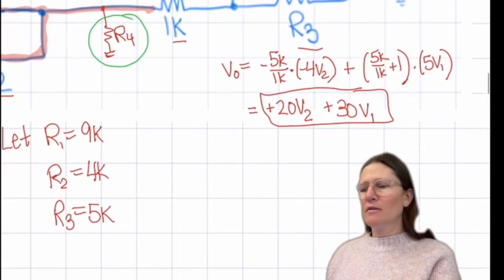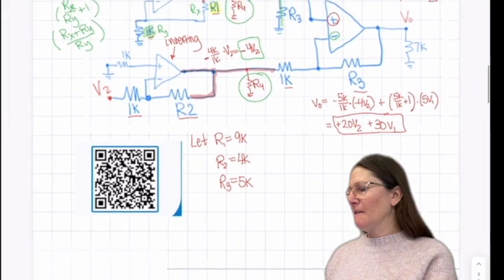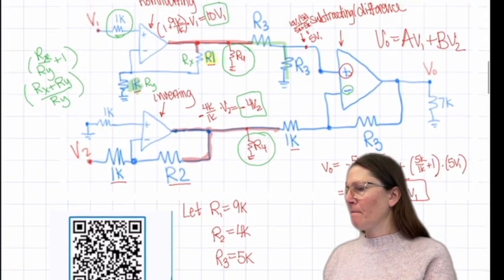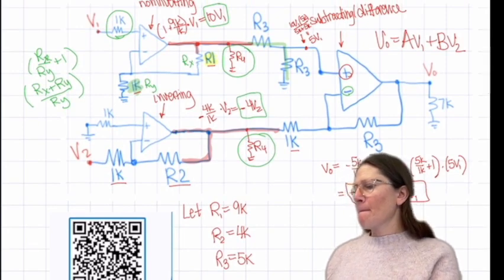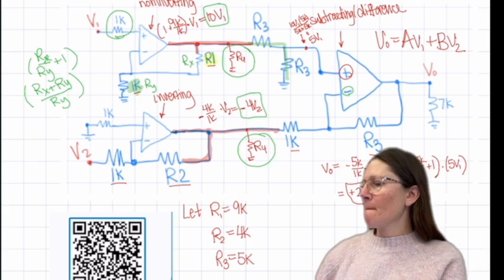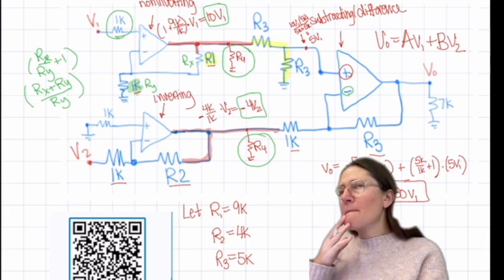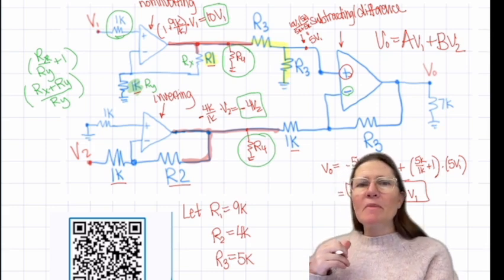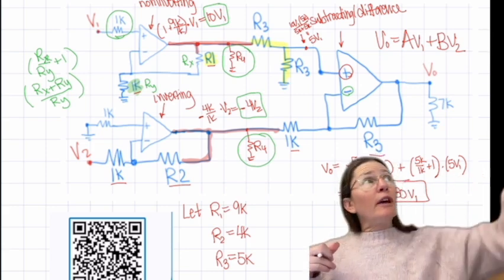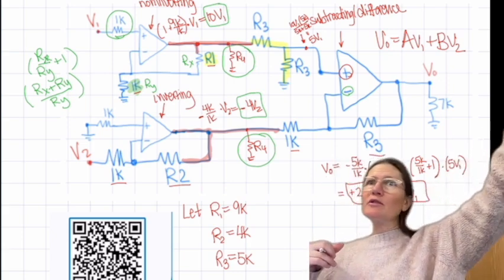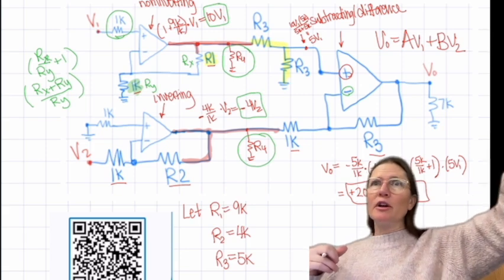So I had a question about where you did the 10V times the 5K over the 5K plus the 5K. Is that based on that point on the diagram, or is it if that resistor is going down? So the red wire at the top has to stay fixed because that's a voltage source. So it doesn't matter whatever resistors you put there.